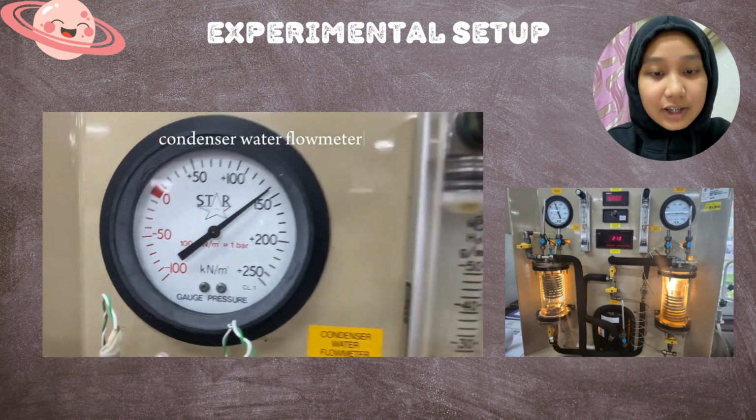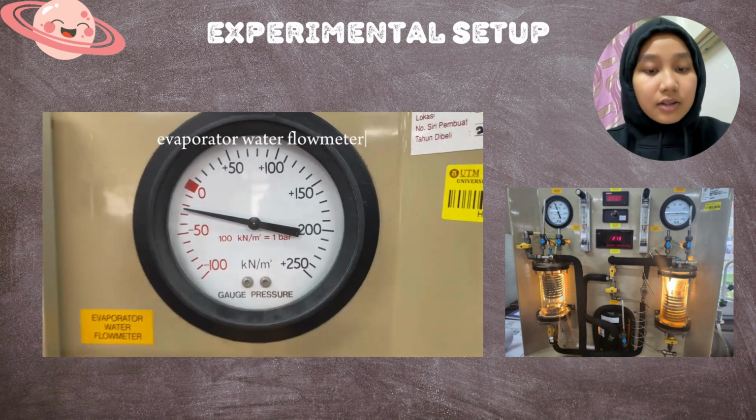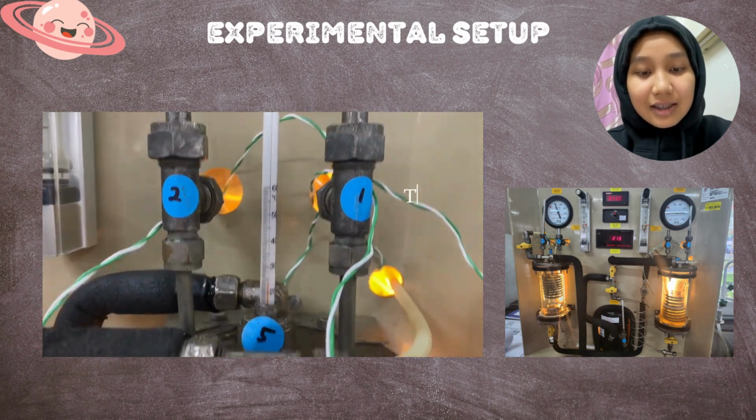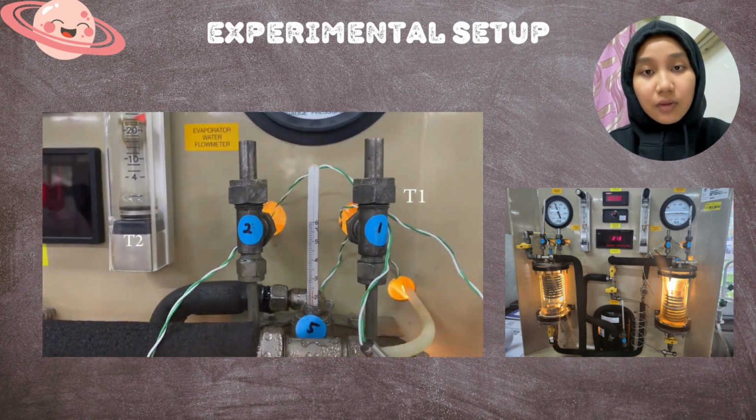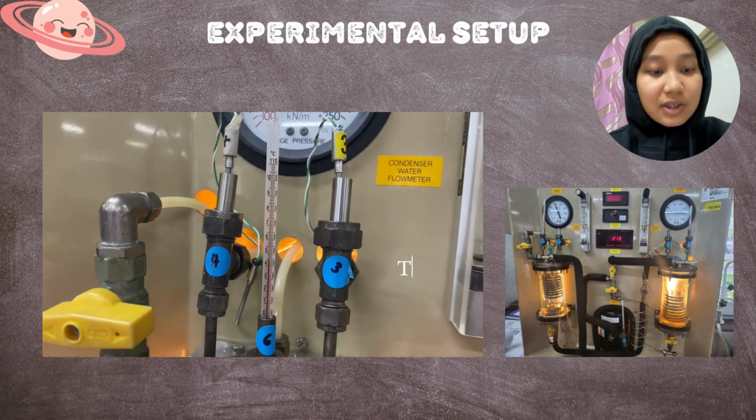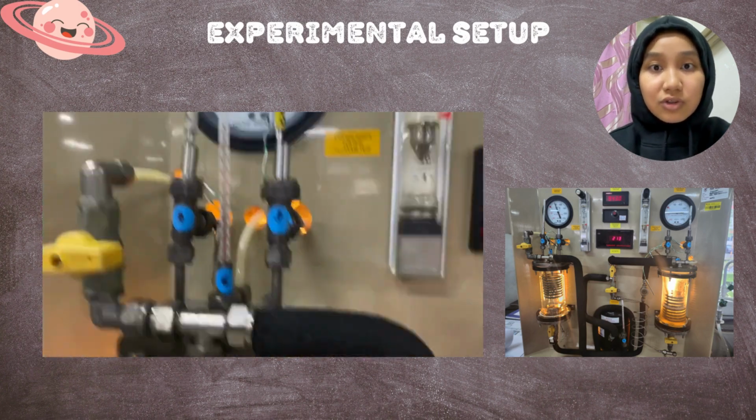Now for the experimental setup. As we can see in this slide, there is a video and also a picture that show the apparatus, which is the refrigeration cycle demonstration unit.